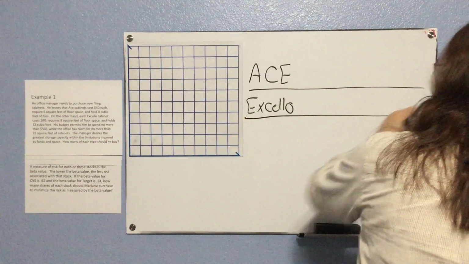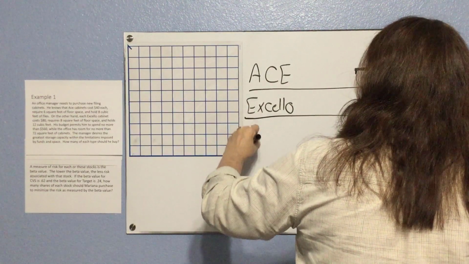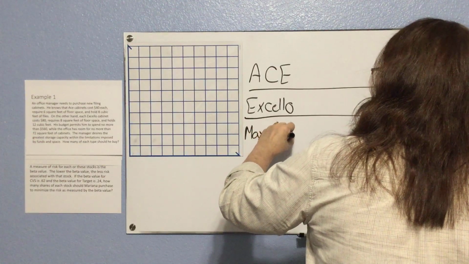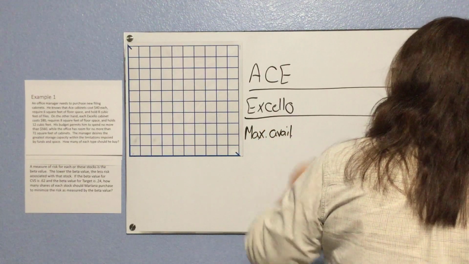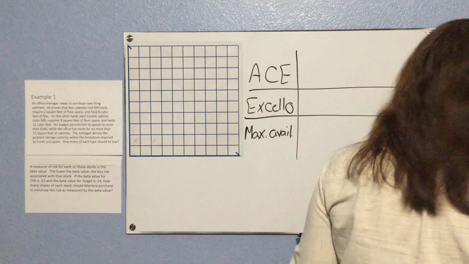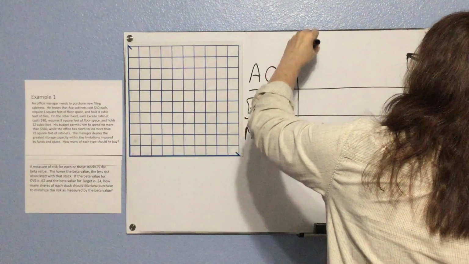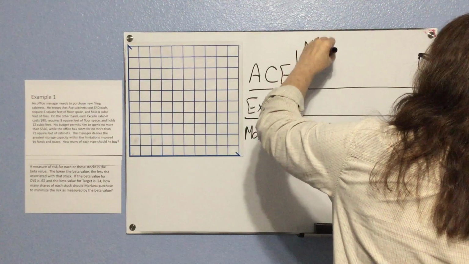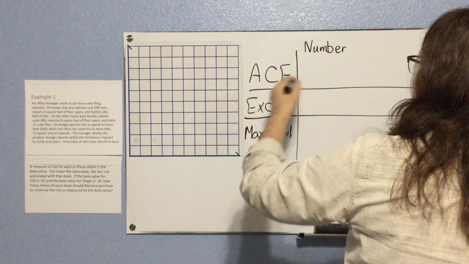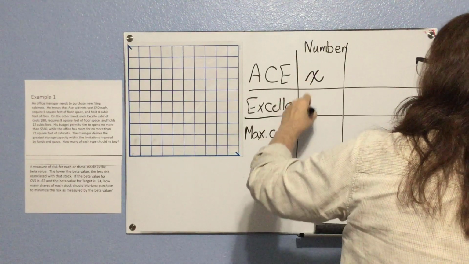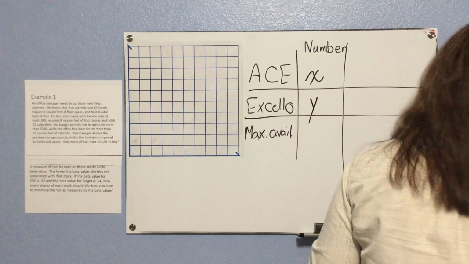And then we'll make a line down here for the max available. And we'll start with the number. This is what we're trying to find out, how many of each. So we'll say ACE, we're going to get x, and Excello will be y.